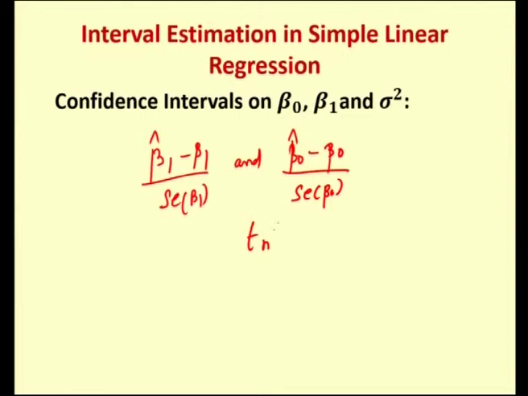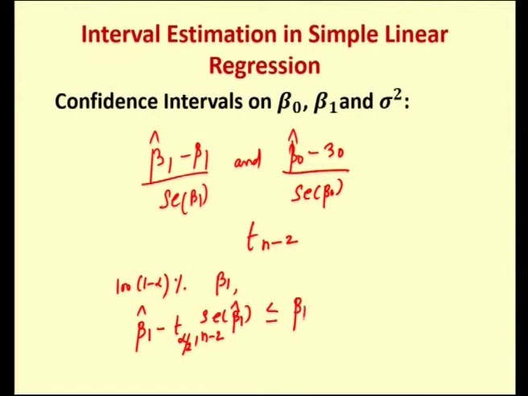Therefore, the 100 into 1 minus alpha percent confidence interval on the slope beta 1 is given by beta 1 cap minus t alpha by 2 comma n minus 2 times the standard error of beta 1 cap, less than or equal to beta 1, less than or equal to beta 1 cap plus t alpha by 2 comma n minus 2 into the standard error of beta 1 cap. So, this becomes the upper limit and this becomes the lower limit.